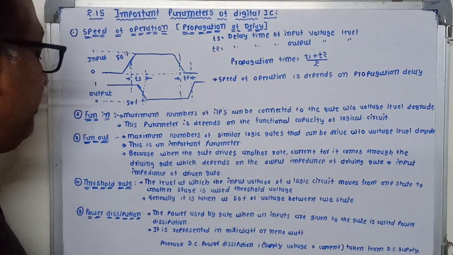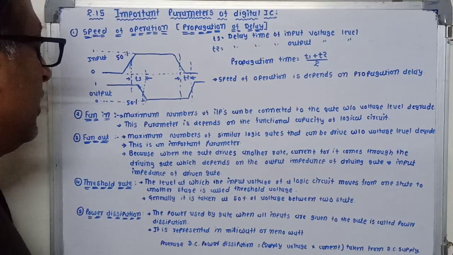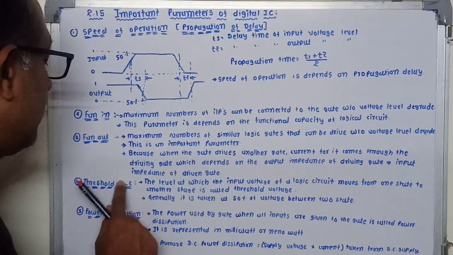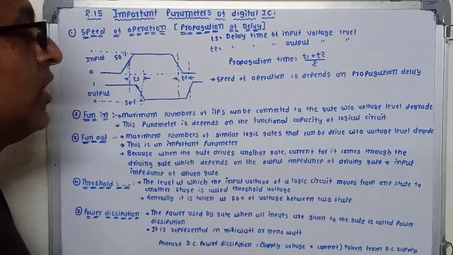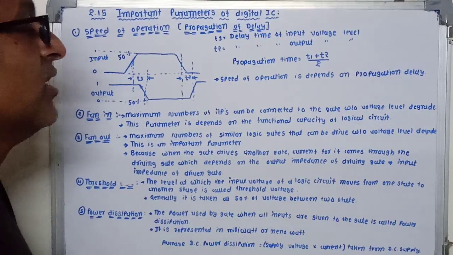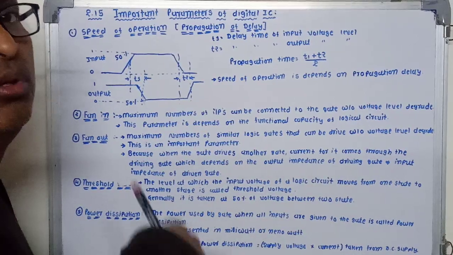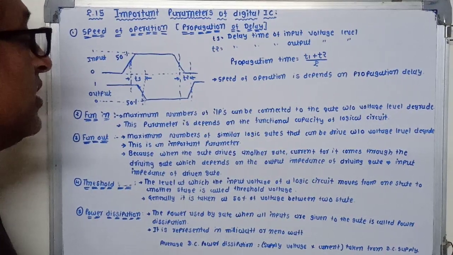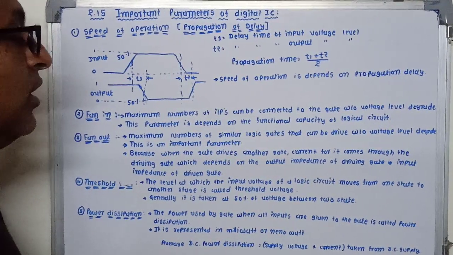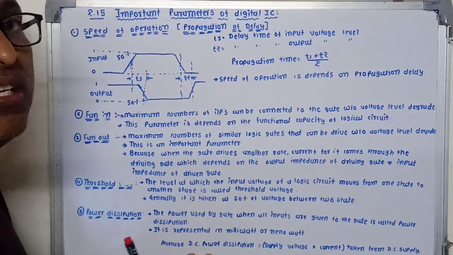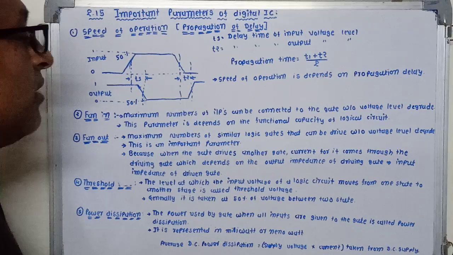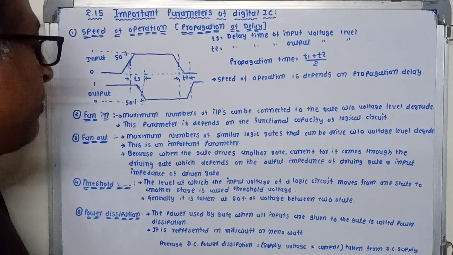Next, threshold voltage. The level of input voltage of a logical circuit at which it moves from one state to another state. That means this is the level required to change the state from one to another by the logic circuit.